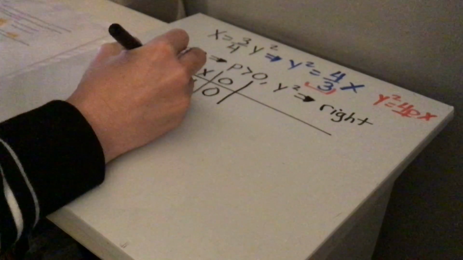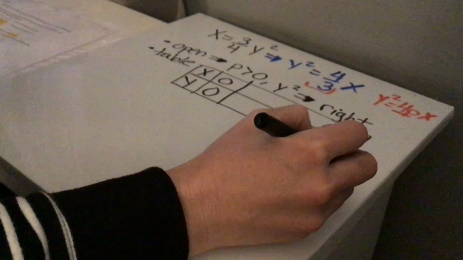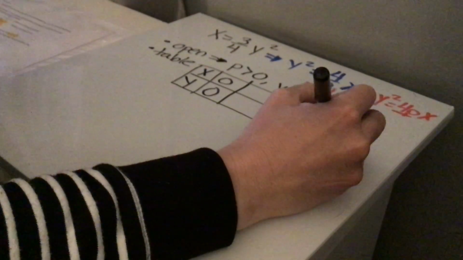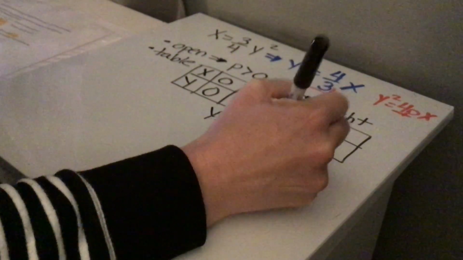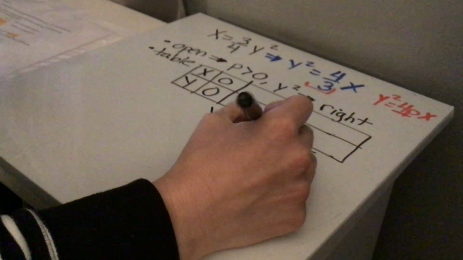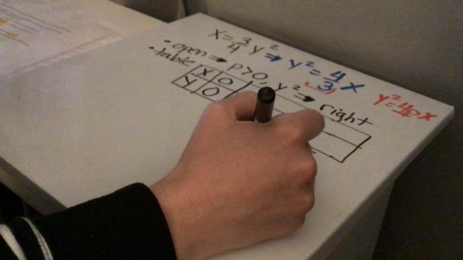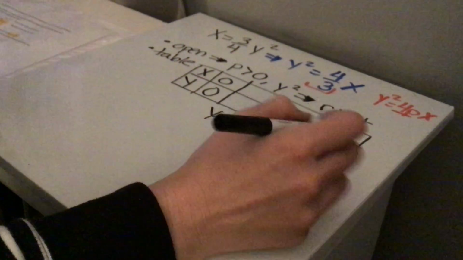You want to pick x values, if you're picking x, that make it easy. Because if I look up here to get y by itself, it's going to be y is equal to the positive or negative square root of 4/3 x. So in some ways, because 4 is a perfect square, you kind of want to make it so x cancels out the 3 and is a product essentially.